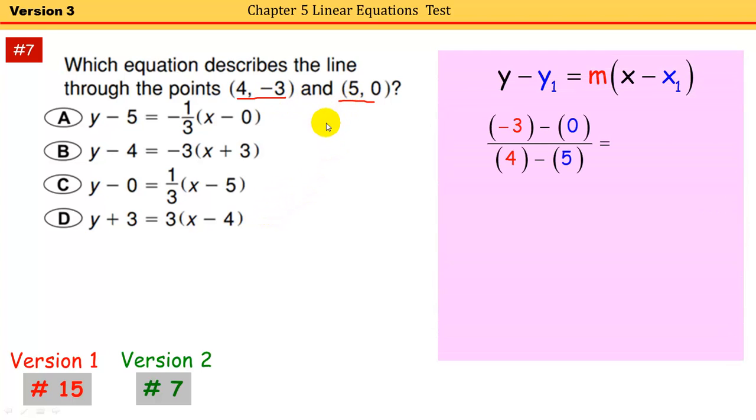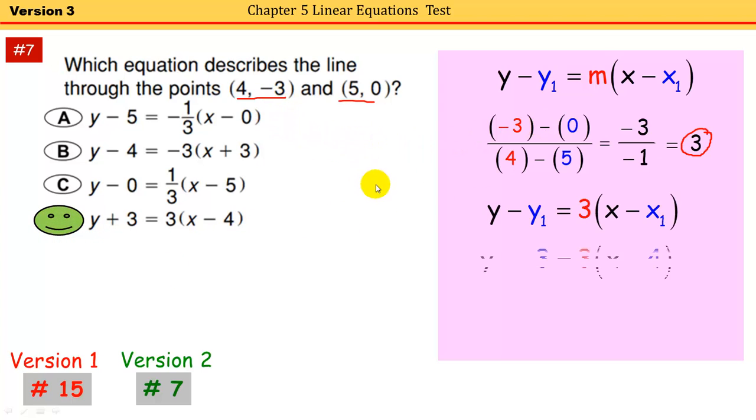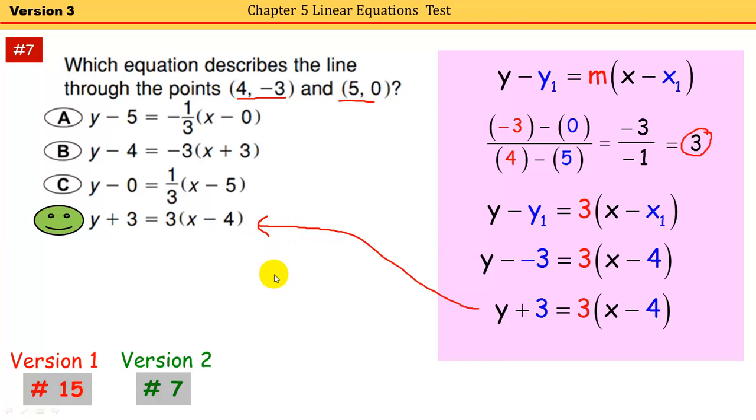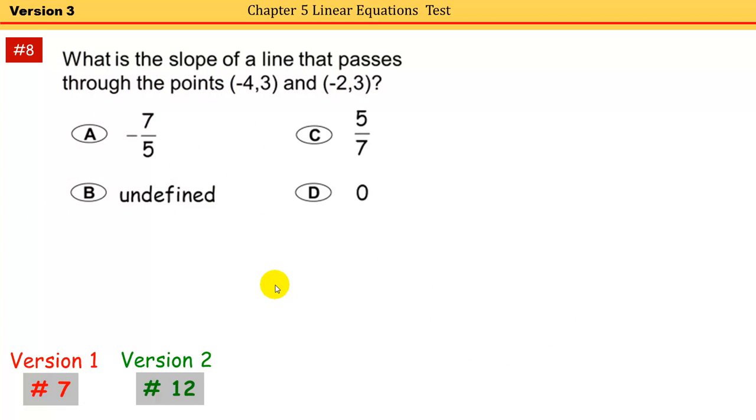So, calculating the slope between these 2 points, I get a slope of 3. Only one of these lines has a slope of 3, and that's D. If you went ahead and plugged in this point here, you would also find out that that matches this in point slope form.